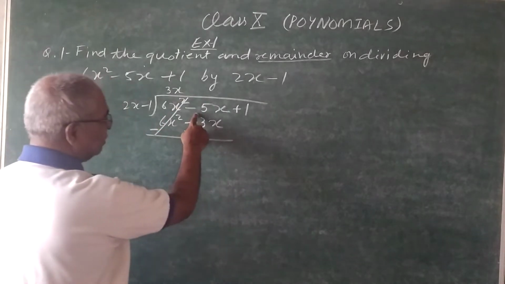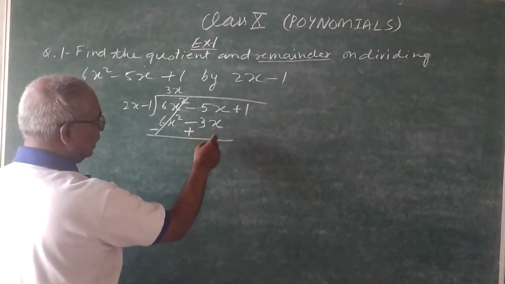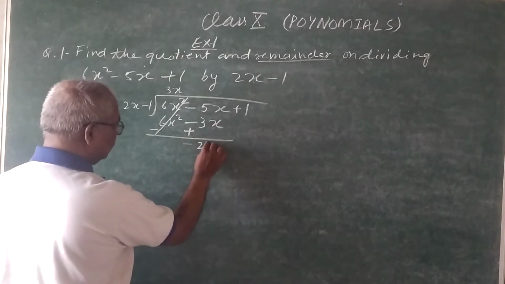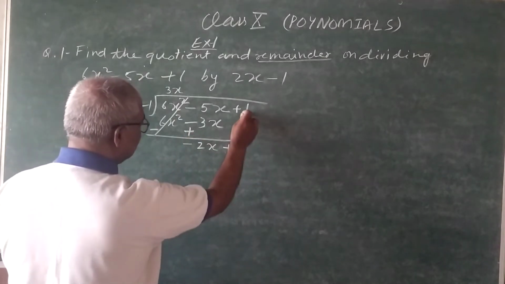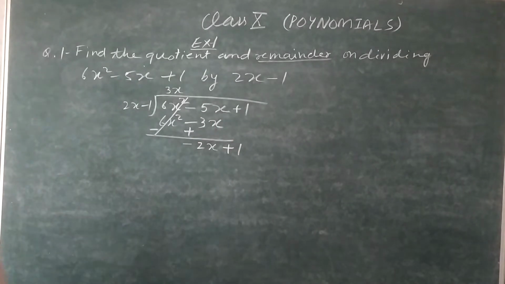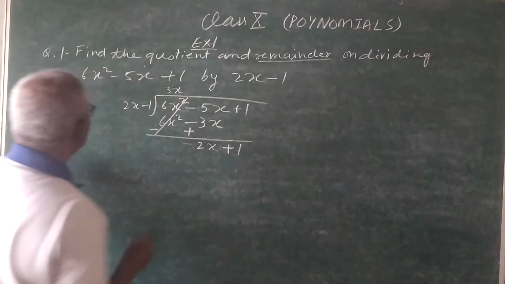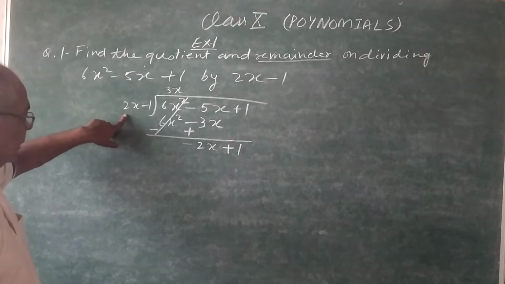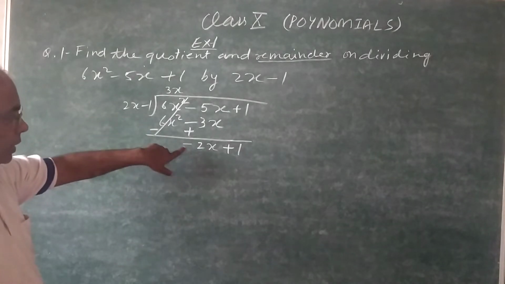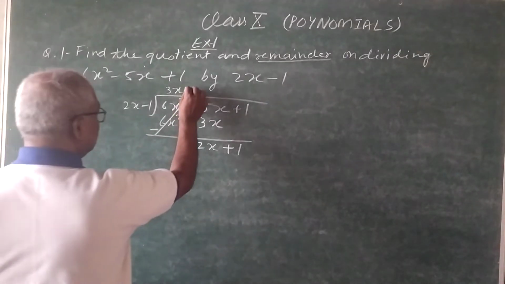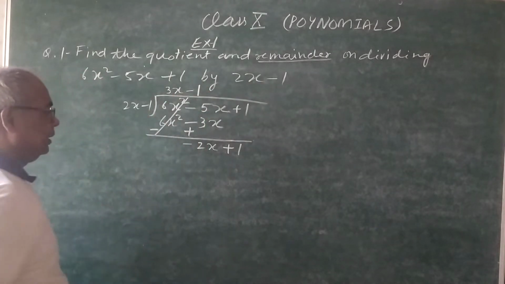Here is minus 5x, and here is plus 3x, so it becomes minus 2x, plus 1. Now 2x here and 2x here, but there is a negative sign, so it becomes minus 1 only.